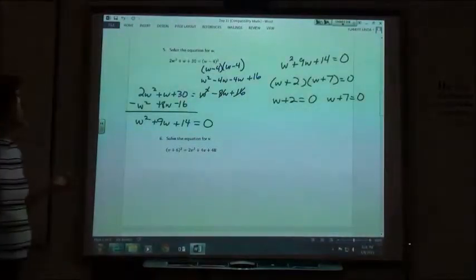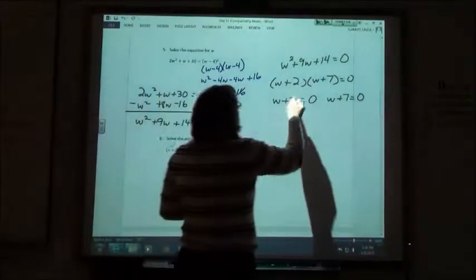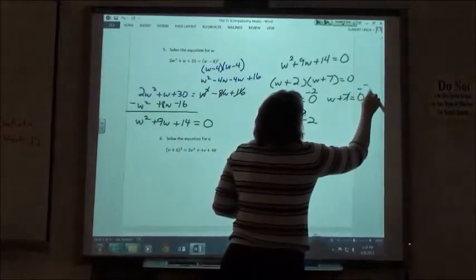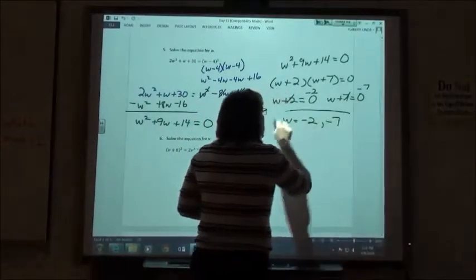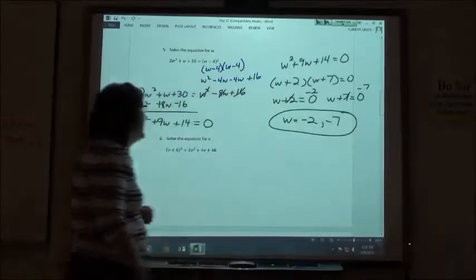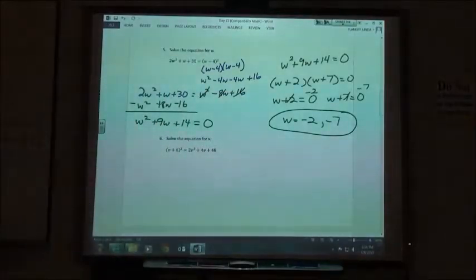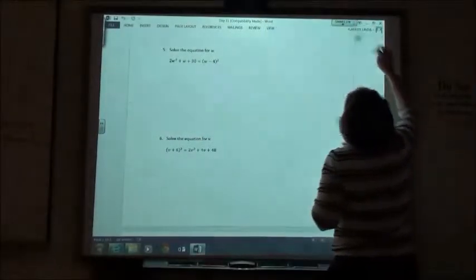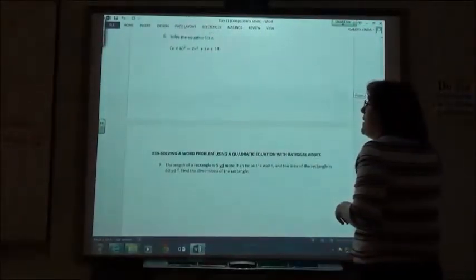Solving each of those, we're just going to move our numbers over. So we're going to minus our 2 and minus our 7. So negative 2 and negative 7 would be your two solutions. Kind of long problems. So be careful while you're working those out, because if you make a little mistake, it's not going to come out right.